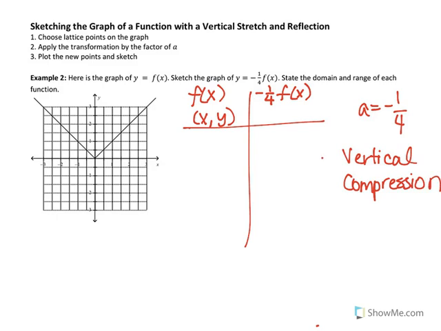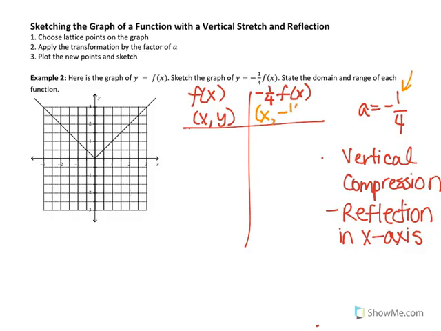And we also have a reflection. And because it affects our y values, it's on the x-axis. So looking at our points, the a value is always going to affect our y value. So x is not changing, but our y value is going to be multiplied by -1/4.